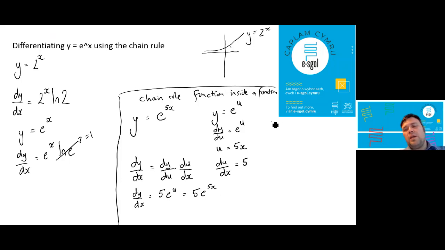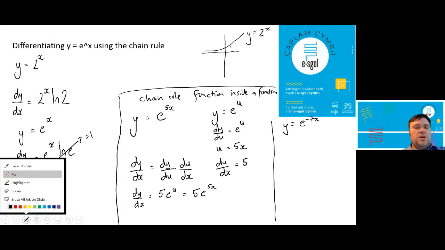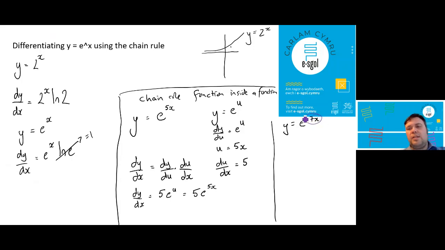We can also make it a little bit quicker. If we had y equals e to the minus 7x, then differentiating the power gives minus 7, and then differentiating the function itself, which is e, it just stays e to the minus 7x.